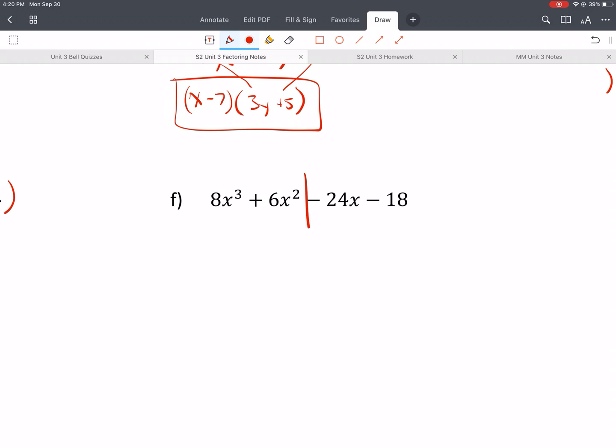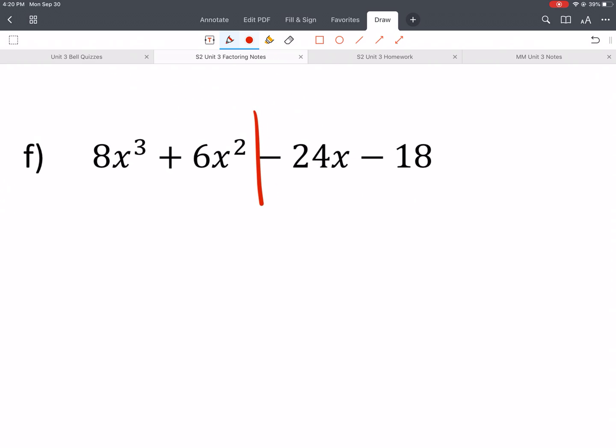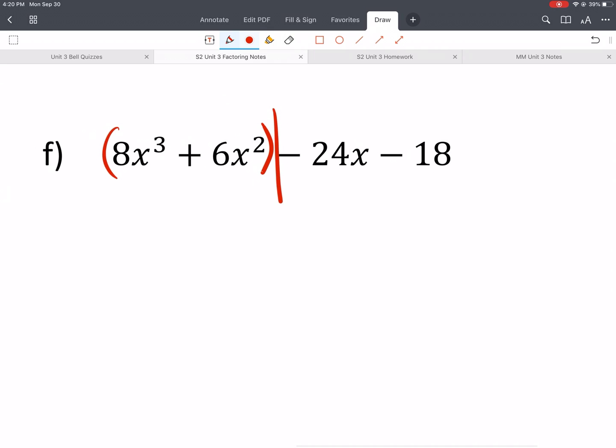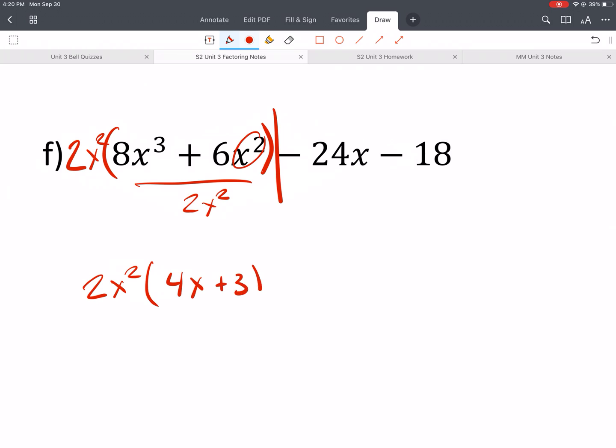And finally, cut it in half. Hopefully you did some of this by yourself. Make sure you're feeling good. We can factor out a 2, and we can take out an x squared. So we'll have 2x squared times 4x plus 3.